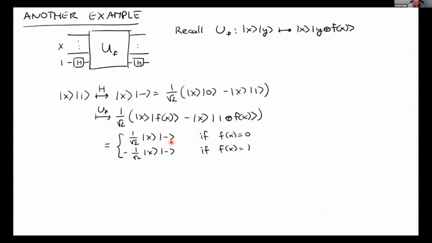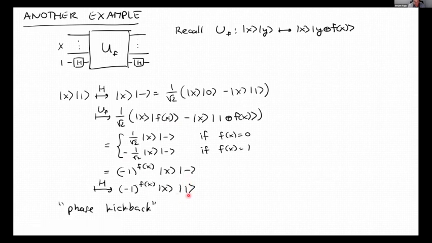It's easy to see that if f of x is 0, then this is 0 minus 1, so the minus state. And if it's 1, then it's 1 minus 0, which is minus the minus state. So this is what we get. I can rewrite this as minus 1 to the f of x, ket x minus, and then this last Hadamard is just going to reset the qubit back to where it was.